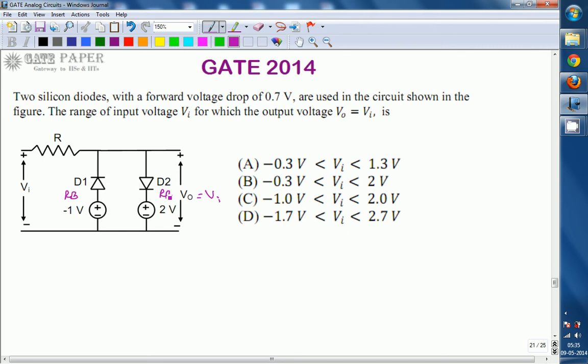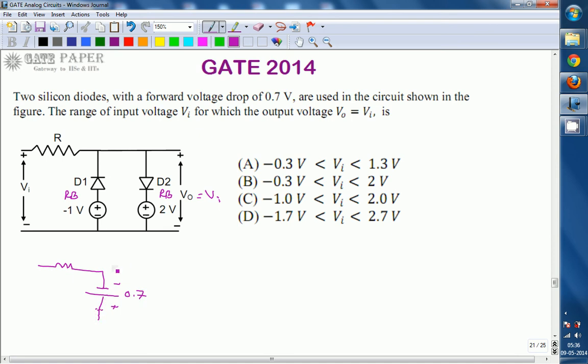So for what input voltage will D1 be reverse biased, and for what input voltage will D2 be reverse biased? From that we can get the range of Vi so that both the diodes are in reverse bias mode. First of all, we will consider D1. D1 has 0.7 volts of forward voltage drop, which is nothing but minus plus 0.7, and it is connected with minus 1 volt.